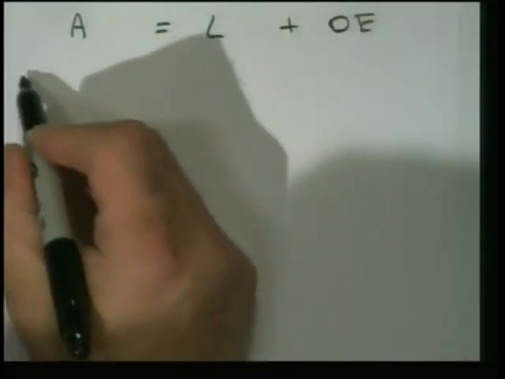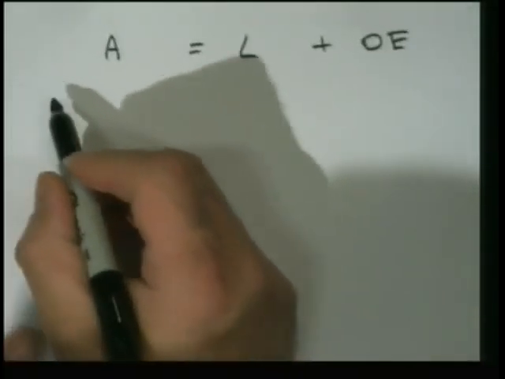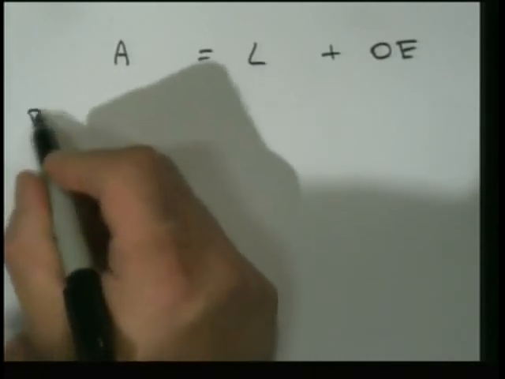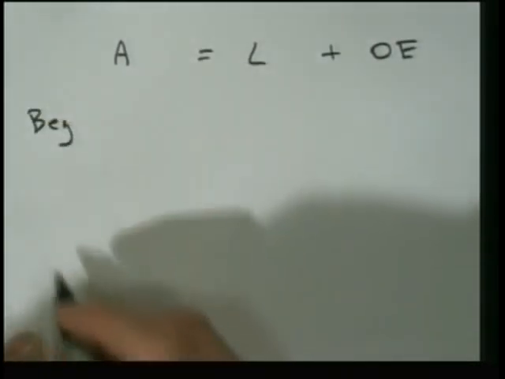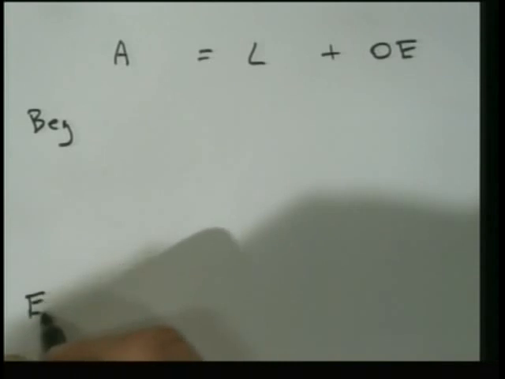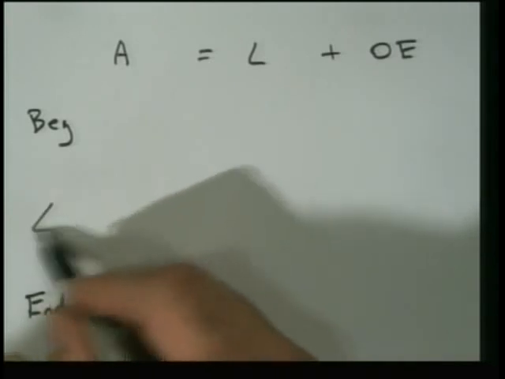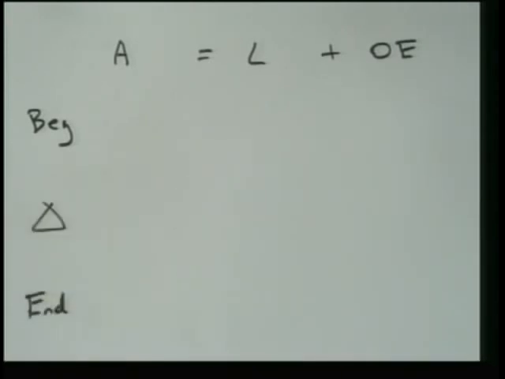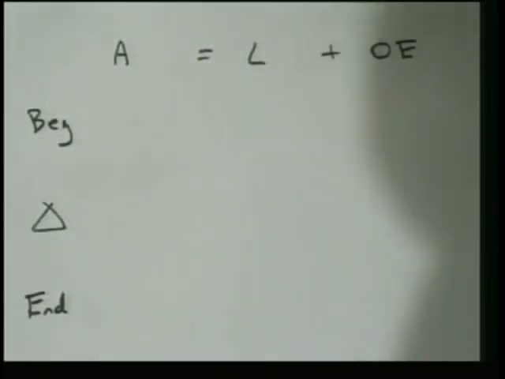And we know that needs to be true at the beginning of the year. It needs to be true at the end of the year. And even the changes that occur, it has to be equal. Okay?